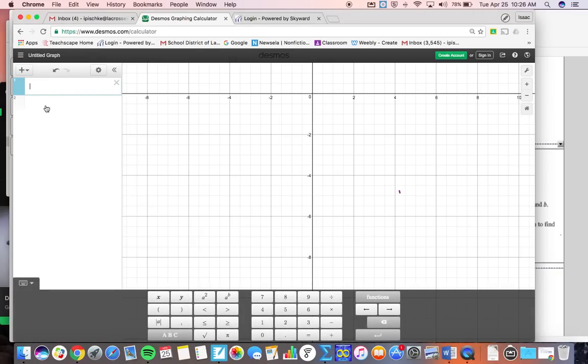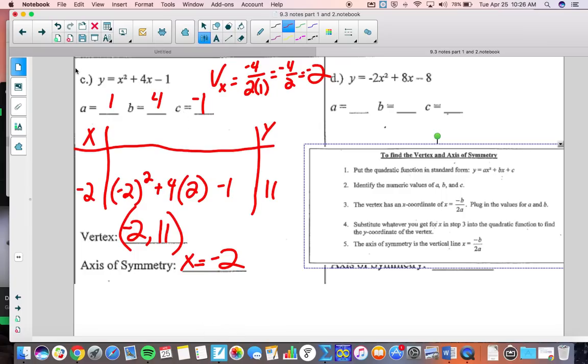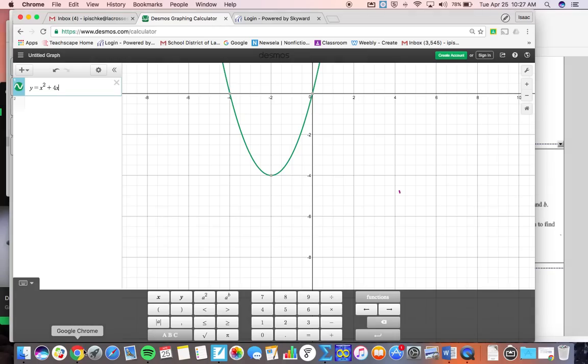So that was y equals x squared plus 4x, and then I forgot the rest, minus 1. That's not good.